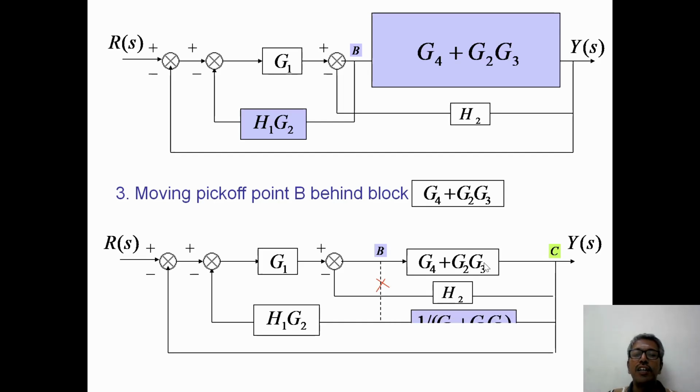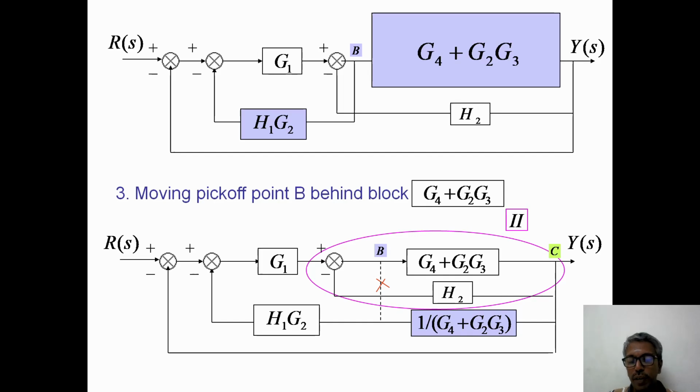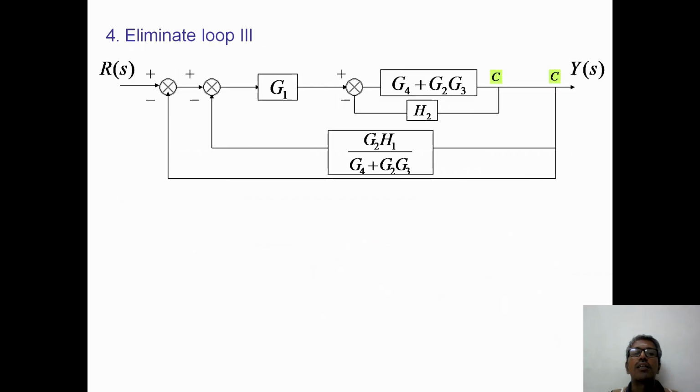For that, you have to add 1 divided by G4 plus G2 and G3, following the rule. Now this will act as a feedback loop, G divided by 1 plus GH. So you have to follow the feedback elimination rule.